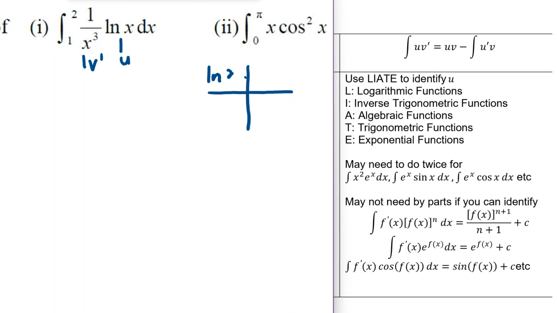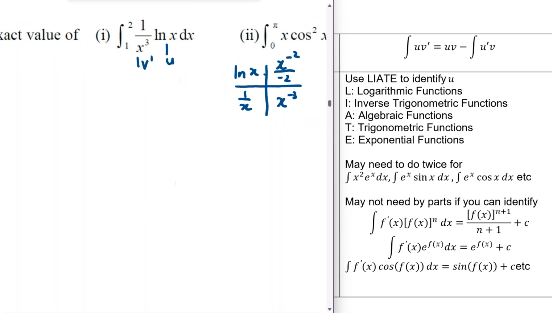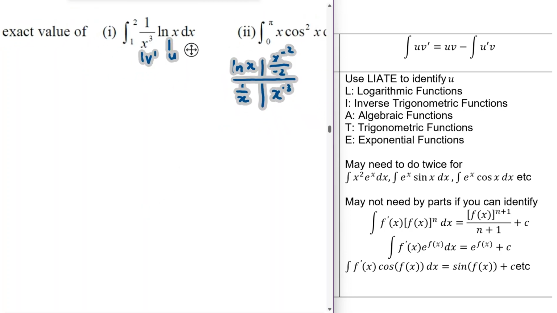My ln x is u; differentiate ln x and I get 1 over x. x to the power of negative 3 is my v prime; integrating x to the power of negative 3 gives x to the power of negative 2 over negative 2, because when I integrate, I increase the power and divide by the new power.